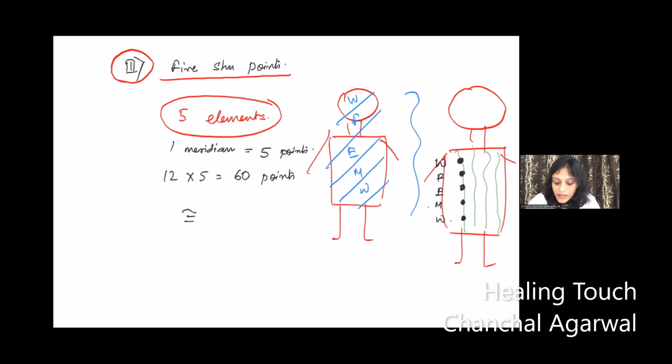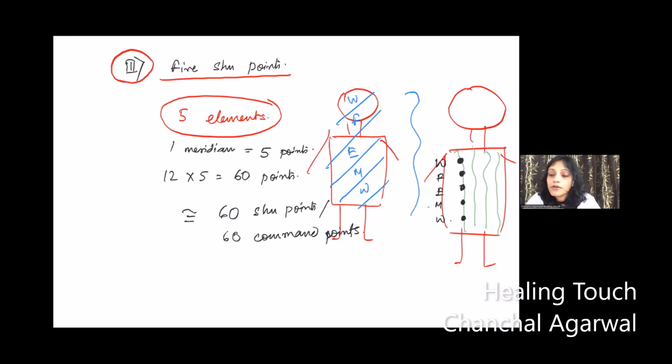These are nothing but 60 shoe points or 60, yes, command points. So if we understand those 60 command points or 60 shoe points, life becomes easy, right? Because these are the most important points.